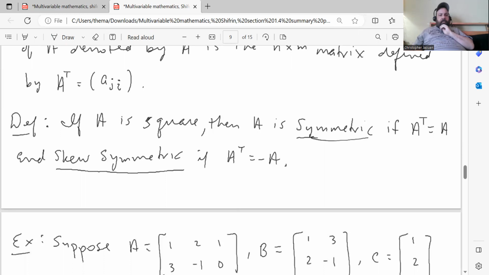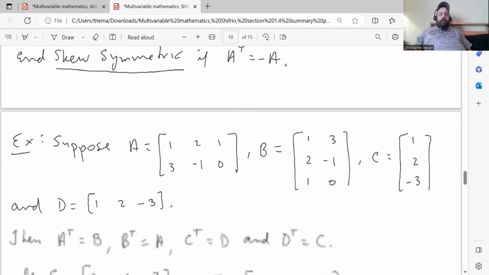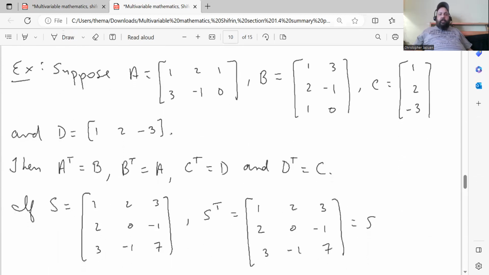All right, so a couple more definitions. If A is square, then A is said to be symmetric if A transpose equals A, and it's said to be skew symmetric if A transpose equals minus A. Some examples here. Suppose A is this 2 by 3 matrix, B is this 3 by 2 matrix, C is this 3 by 1 matrix, and D is this 1 by 3 matrix.